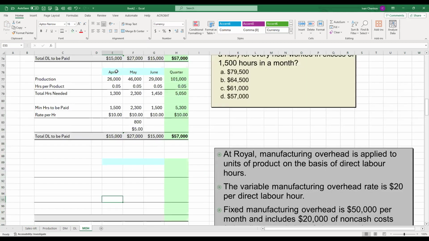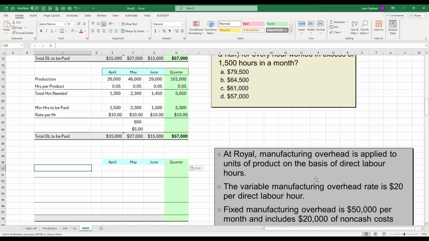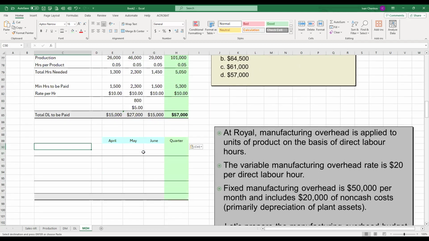Let me reduce the font to 16, not 18. Then I'm going to copy these months, I need them to label the months. Then I'm going to start applying the manufacturing overhead based on the direct labor hours. So what do I need? I need the hours for production. Total direct labor hours. Not those, right here.